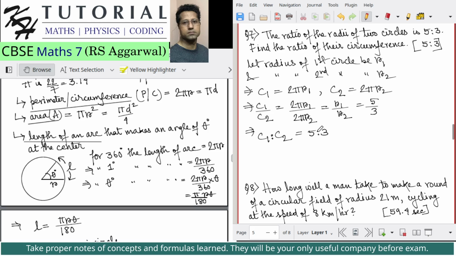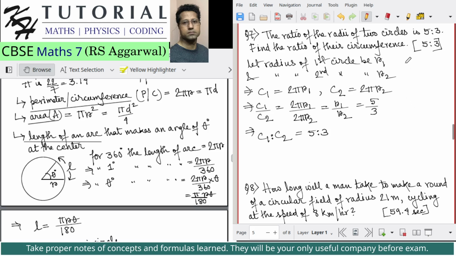The ratio of the circumference of two circles is equal to the ratio of the radius of the two circles, and the ratio of the area of two circles is equal to the ratio of the square of the radius of the two circles.